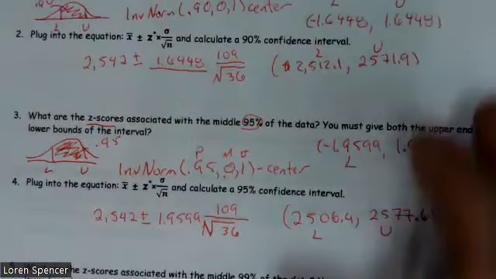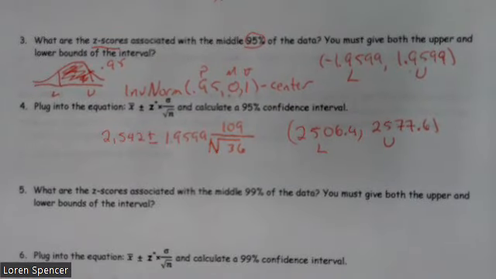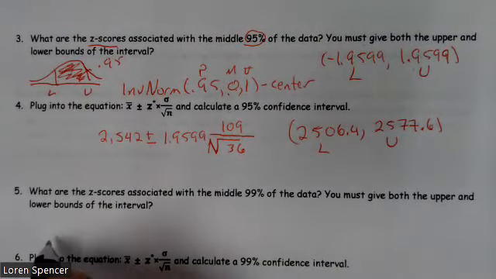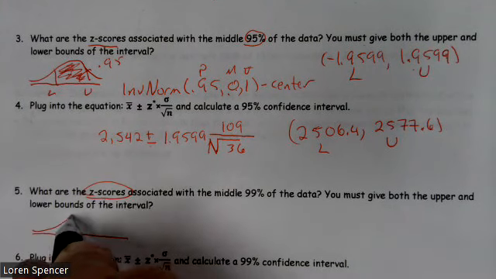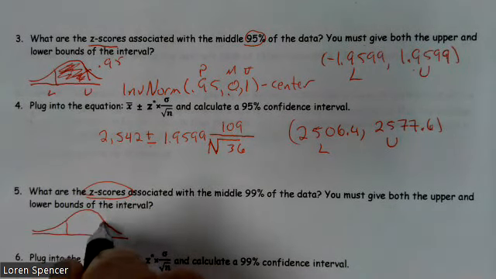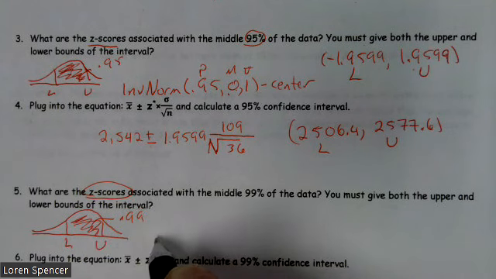As we continue to move on, what are the z-scores associated with the middle 99%? Once again, we're looking for z-scores. This area is going to be 0.99, and this is my lower and this is my upper. So it's going to be an inverse norm.